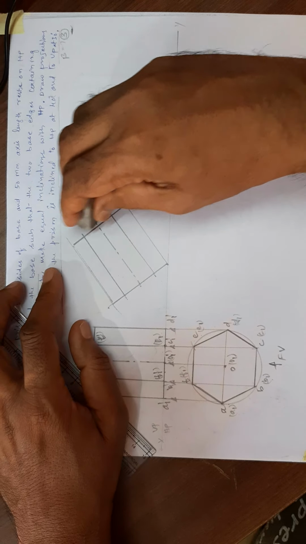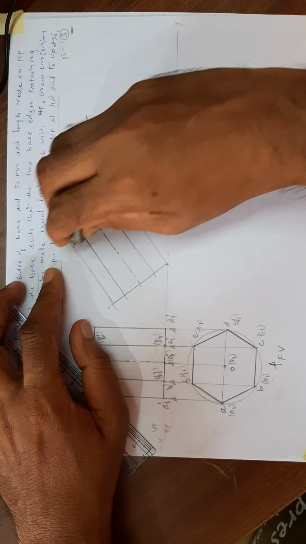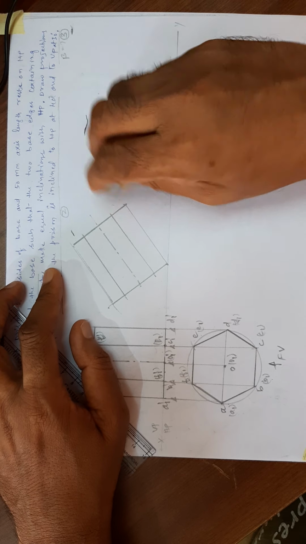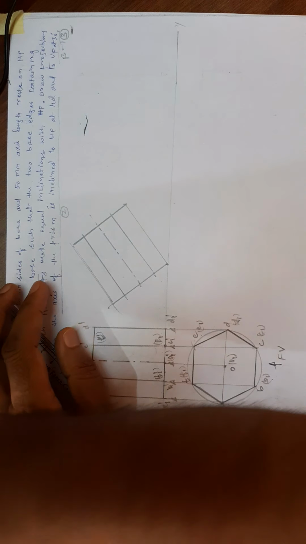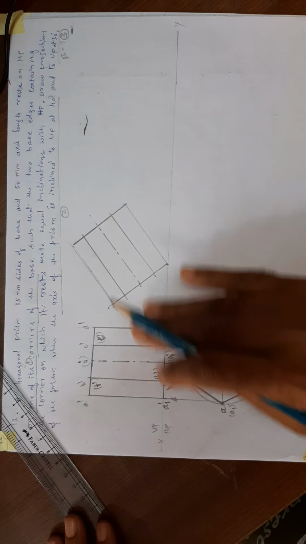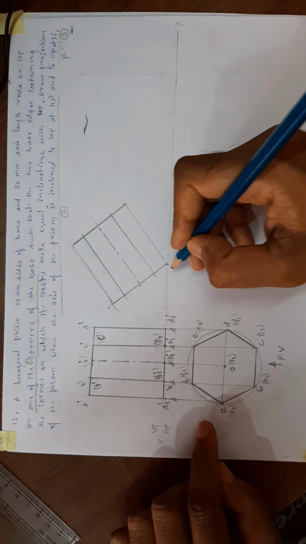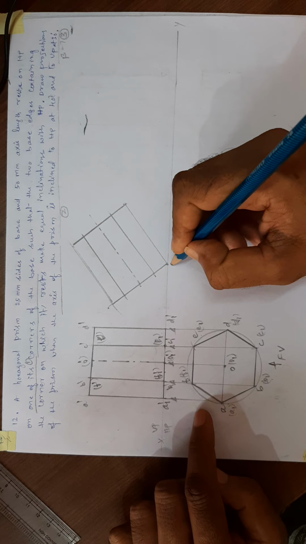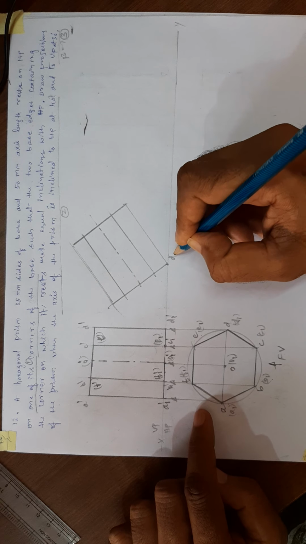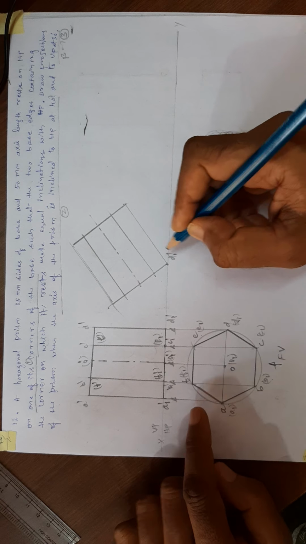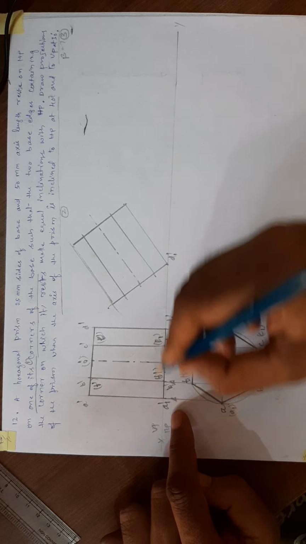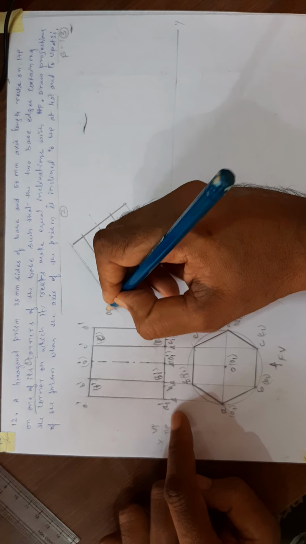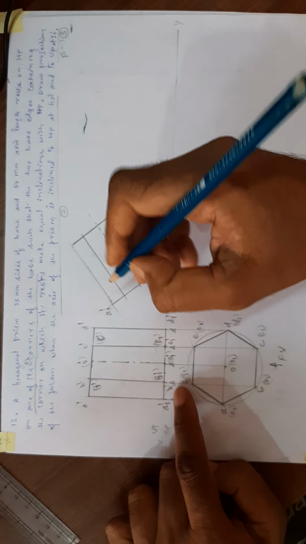Now delete the extra construction lines and transfer all the points, bottom points here and top points here. Now this point is already there. Now this is D1 dash. First I will start here. Now this is A1 dash.